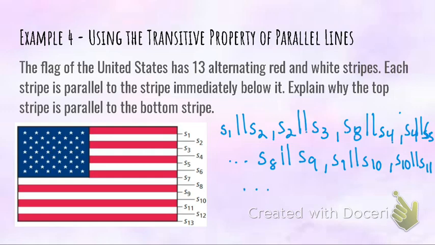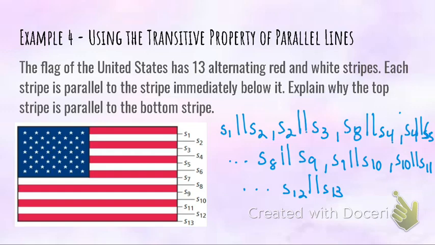Okay, S12 is parallel to S13. So every time I did the dots, that's just telling you that we had some more of these going on. S5 is parallel to S6, S6 is parallel to S7, S7 is parallel to S8, and it picks up S9, S8 to S9, and then again S11 to S12, that's the only one that's missing there.